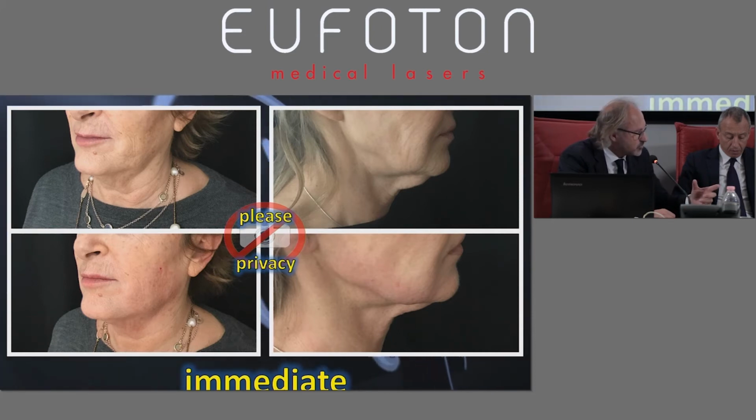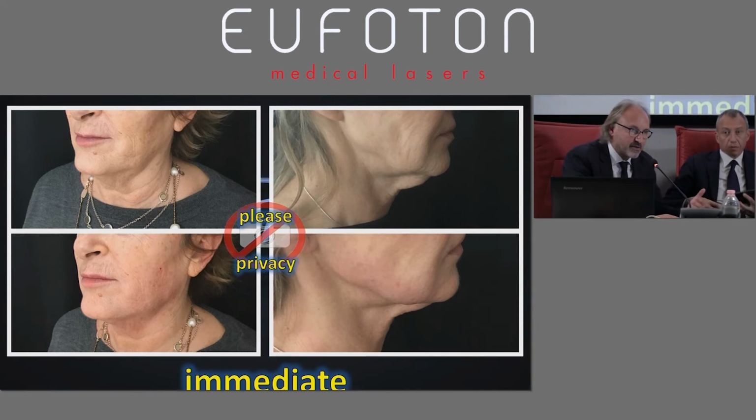Second step, liposuction sculpture, more or less laser assisted. You can also combine with the traditional liposuction. And second step, for the volume reduction, the parameters are the same as in skin tightening.